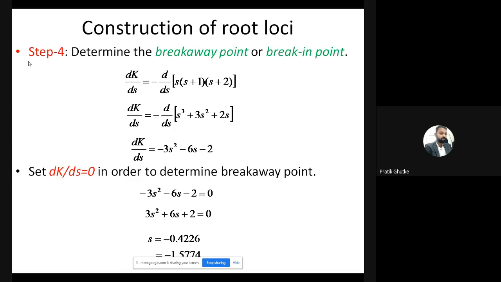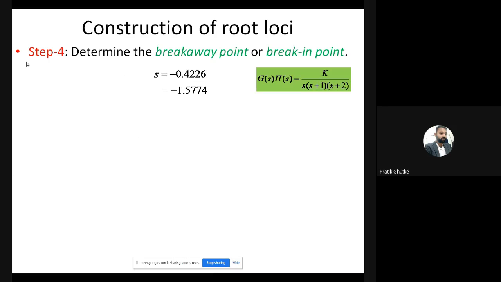I have to check whether both the roots are lying in the root locus region, or whether both are valid roots or not. So determine the breakaway point or break-in point: s equals minus 0.4226 and s equals minus 1.5774. These are the breakaway points.